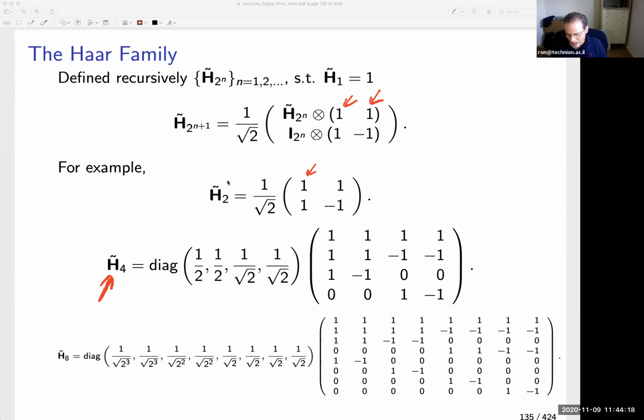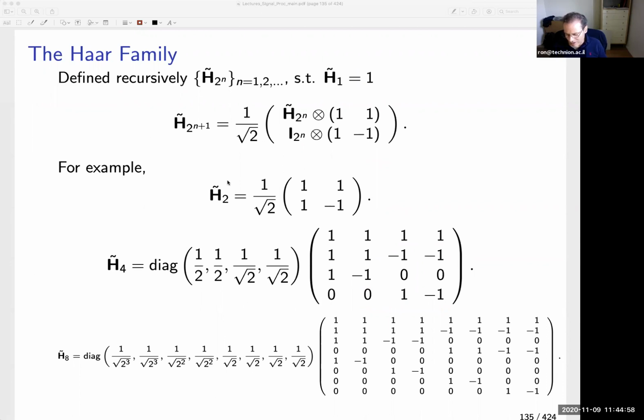So instead of this one, I'm replacing this element by these two, and I'm replacing this element by these two, etc. And then what I would do is replace each and every identity here with these two numbers. So there should be an identity here and here. I'm replacing the identity by these two numbers. And 0 times these numbers would give me this one. So this is how the Haar family is being constructed.